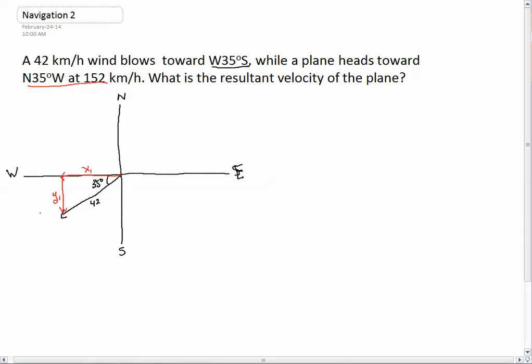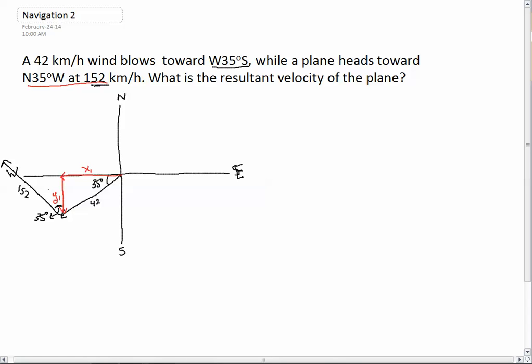If we think of this y as going straight north, then we're going 35 degrees away from that, right up along here. And I've drawn it quite a bit longer because the magnitude is quite a bit larger, 152 kilometers per hour. So the magnitude of that vector is 152, and the angle in here is 35 degrees.